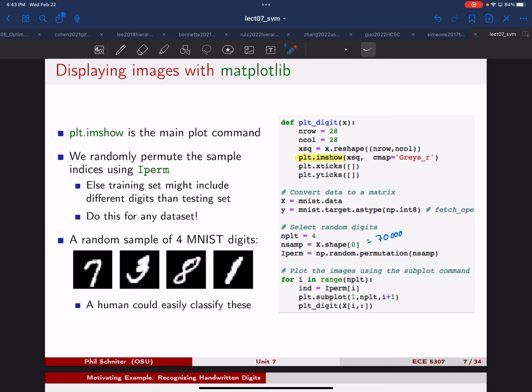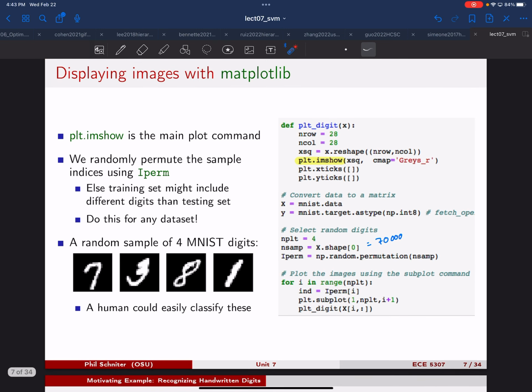Then we're just going to look at the first 4 entries in that random permutation, and that will pull out 4 random images from our database, and we're just going to plot them using this plot digit function that we created above. And that's what plotted. Every time you run this, it will give you 4 different digits. And as you can see, most of them are pretty easy to classify as a human. Some of them are a little challenging, but most of them are pretty easy.